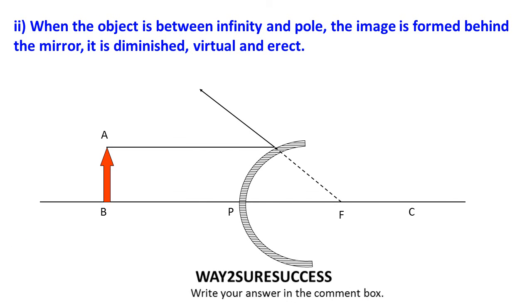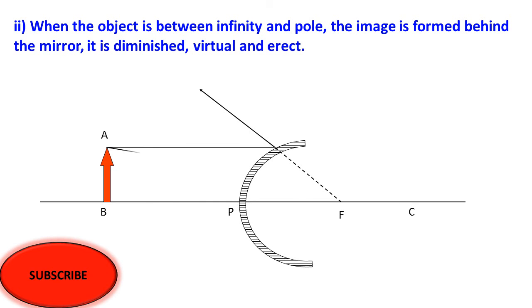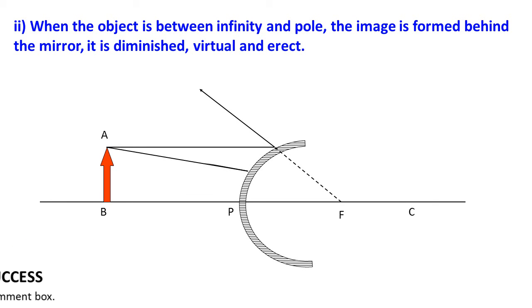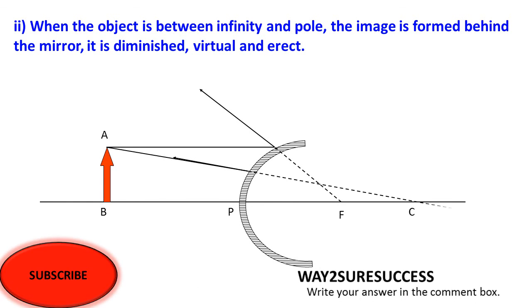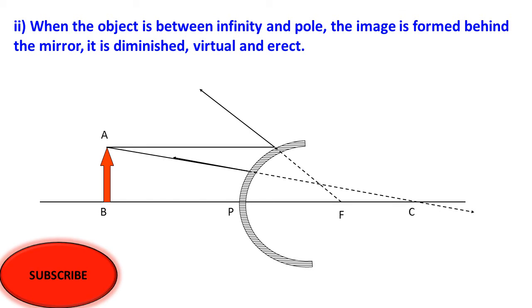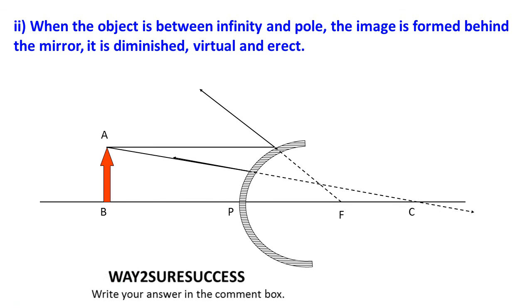Now, when you draw the light ray parallel to the principal axis, it will diverge and appear to come from the focus, and the reflected light ray which is passing through the center of curvature will reflect through the same path.